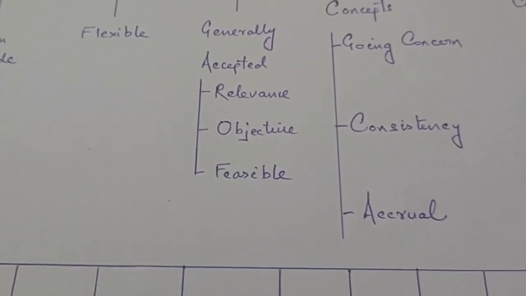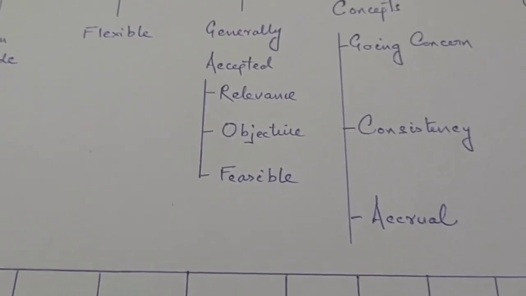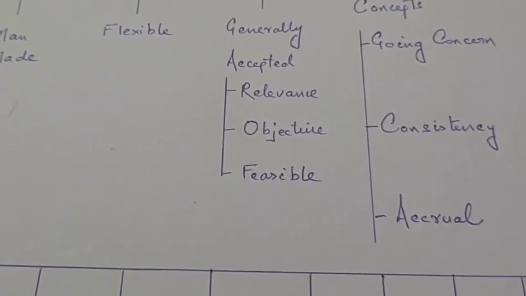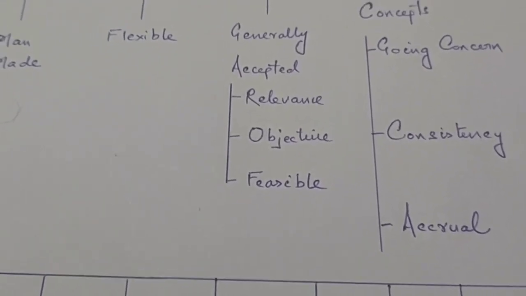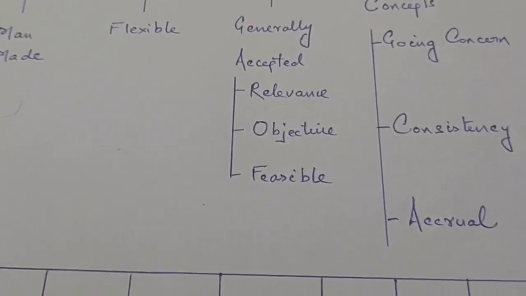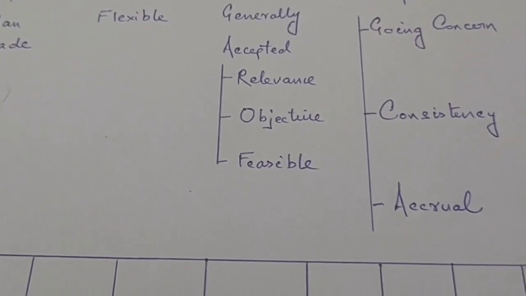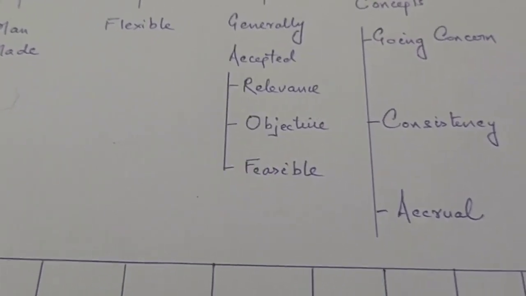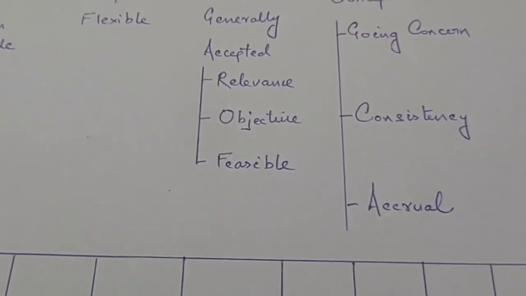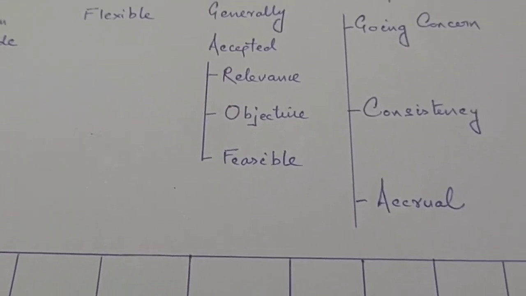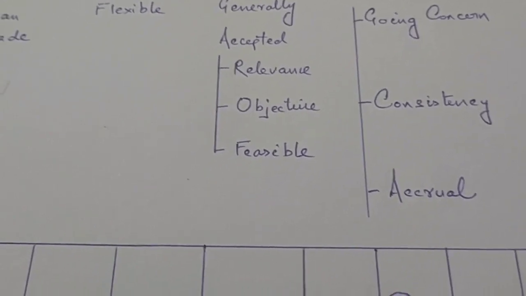However, if the accountant feels that a change in the method will be helpful to give better information to the users, then certainly the method can be changed. However, the method of accounting should not be changed year after year. It should be changed only when needed, and its effect must be disclosed along with the financial statements.